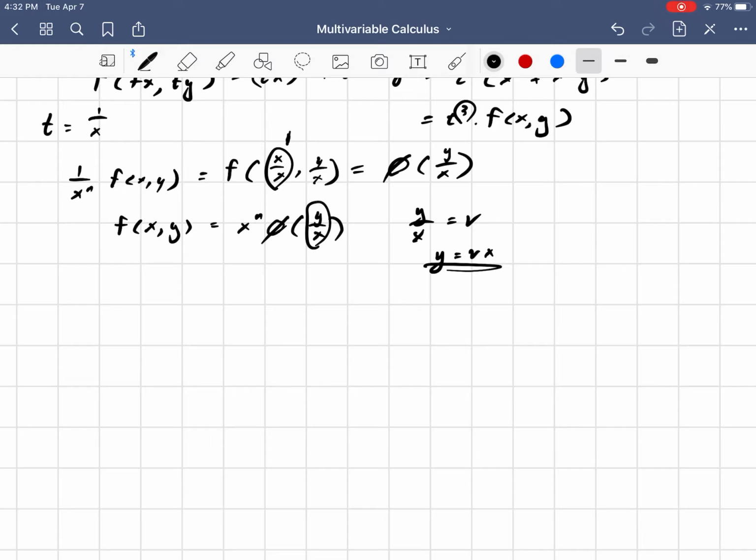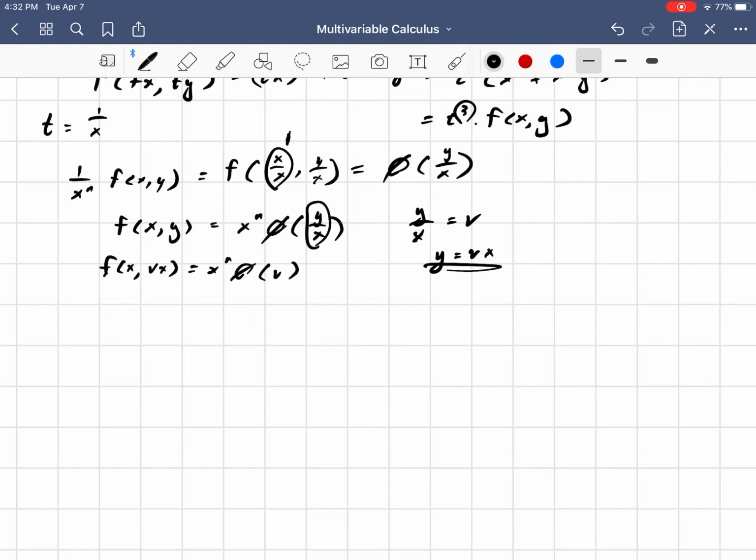You can use it for any homogeneous differential equation, and after some algebra, it will turn the differential equation into a separable differential equation, because if y is equal to vx, then f of x comma vx equals x to the n times phi of v.